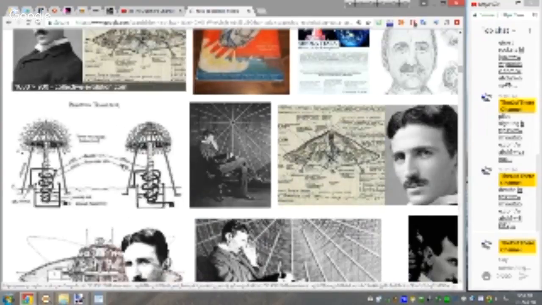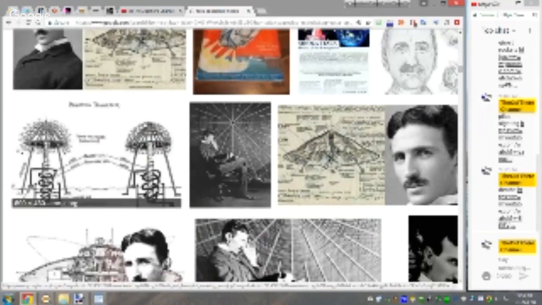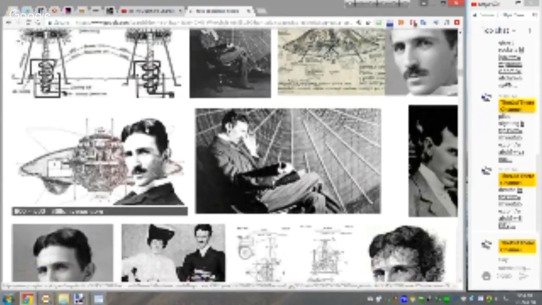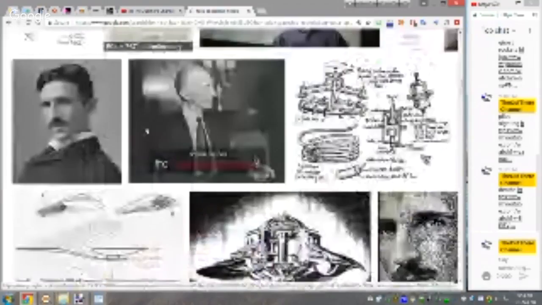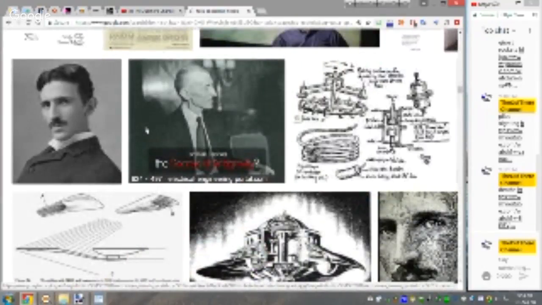People get confused between wireless power. Radiant energy transmission was nothing to do with wireless power in this aspect, where it's using 2 coils. It's totally different. And I think people were mixing up the 2 ideas of Tesla. He also messed around with getting power from the atmosphere and also from the ground.